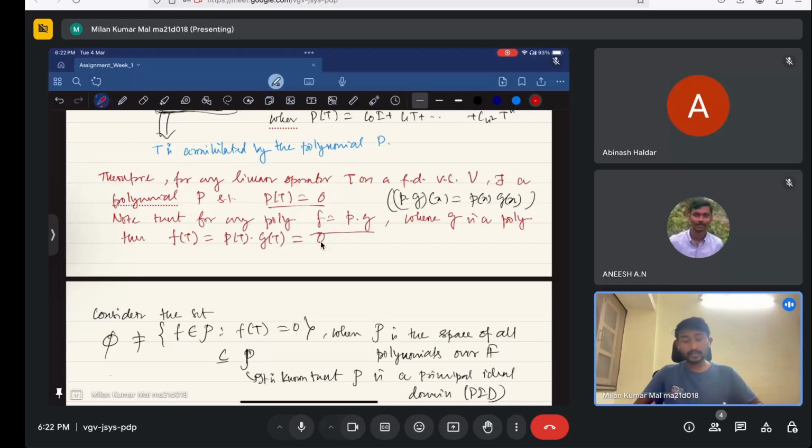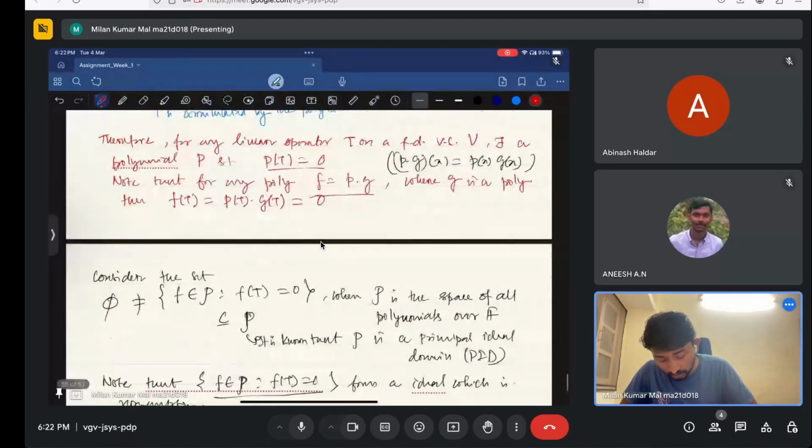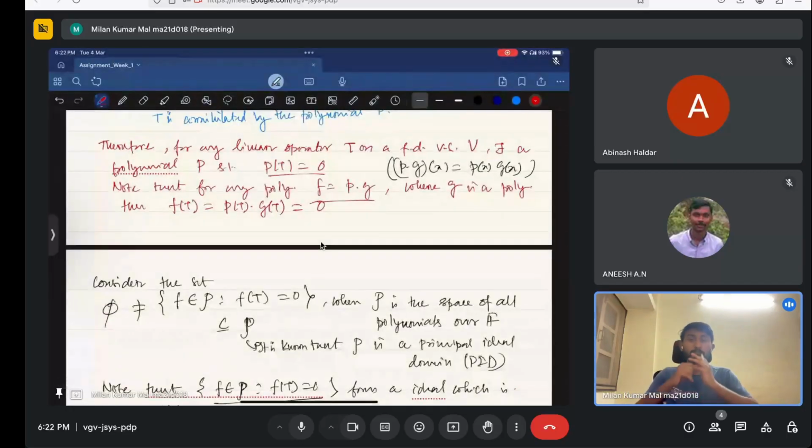So what we are getting here is that if we know that there exists a polynomial p for which p(T) equals 0, one can construct plenty of polynomials f such that f(T) is equal to 0. So one may ask, what is the minimal polynomial, or minimum degree polynomial, for which p(T) equals 0.